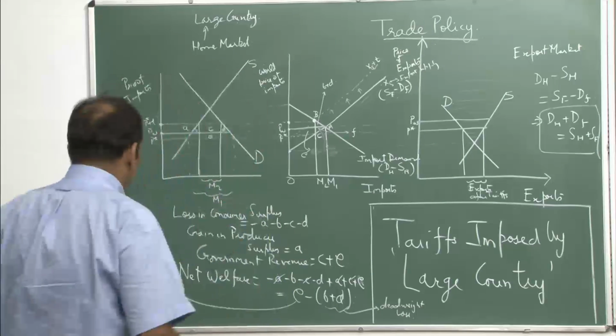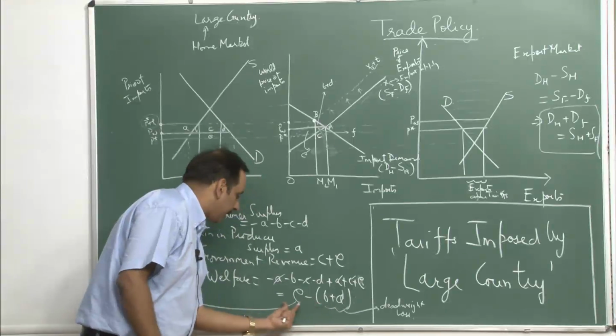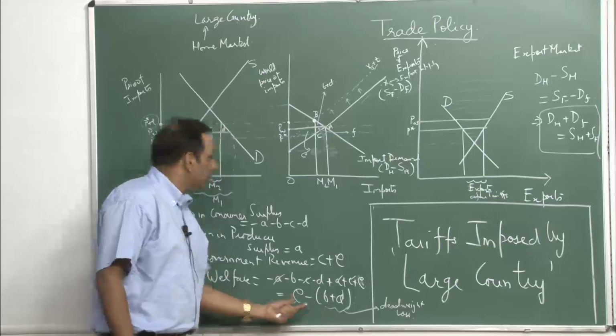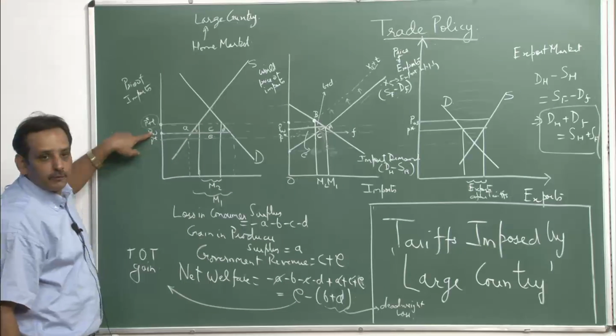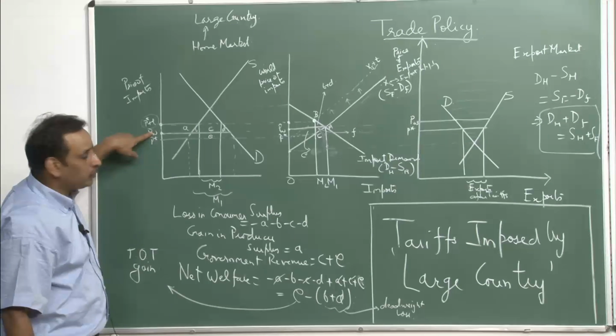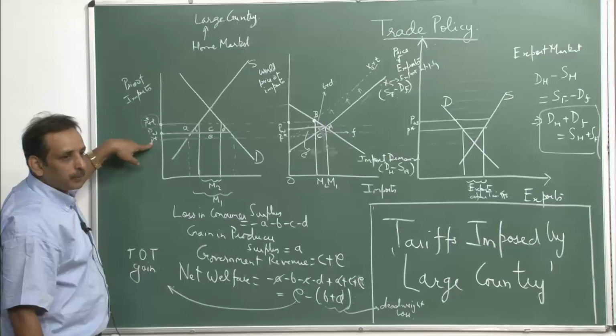Why is it ambiguous? Because it depends on two things. One is E, and the other is B plus D, and I will tell you what E is. E is the difference between PW, the world prices which prevailed before tariffs were imposed, and P star, the world prices which prevail after tariffs are imposed.